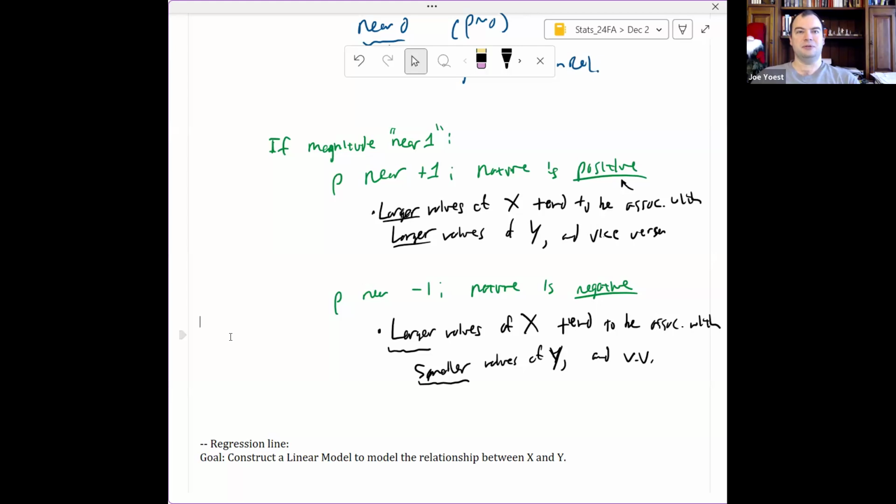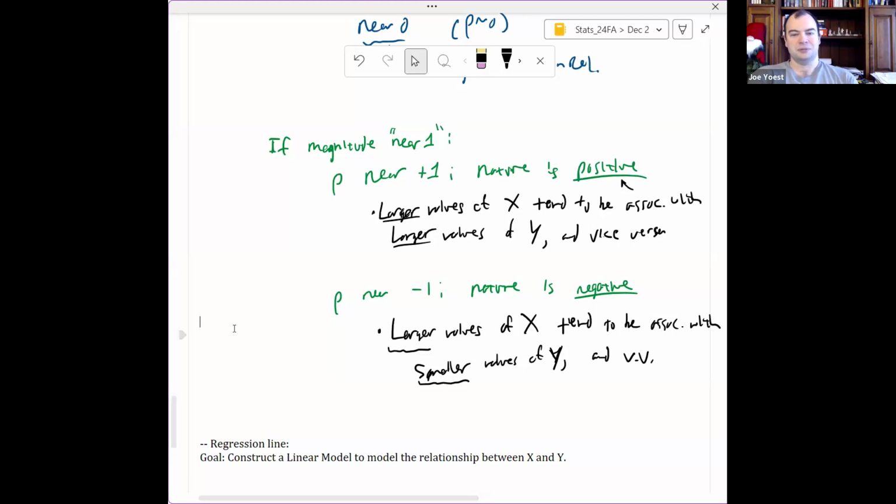Maybe there's a 4% chance that that person is unemployed. But if I saw that they had 18 years of education, maybe I would associate that with a 2% rate of unemployment, right? The larger their years of education, the smaller tends to be their chance of unemployment.